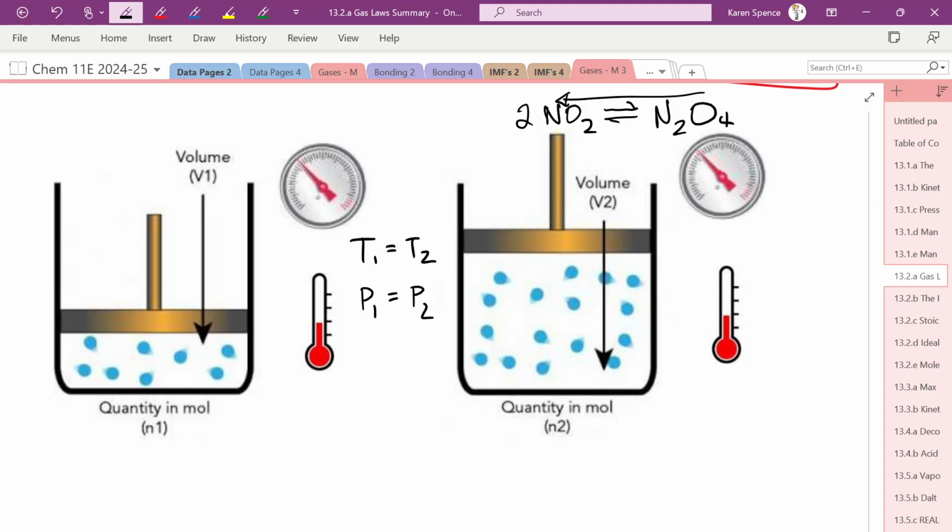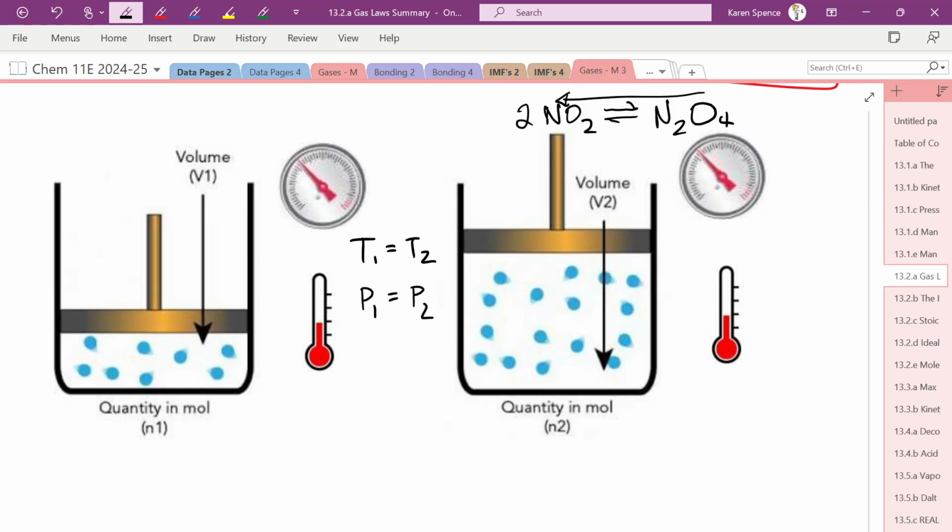Some of the N2O4 will break down into 2 NO2s, which will increase the overall number of gas molecules. Did that make any kind of sense? And if it didn't, that's okay. Yes? What it's doing actually has to do with collisions. So why don't we just leave that for next year?